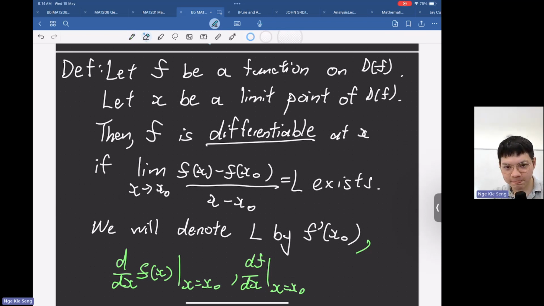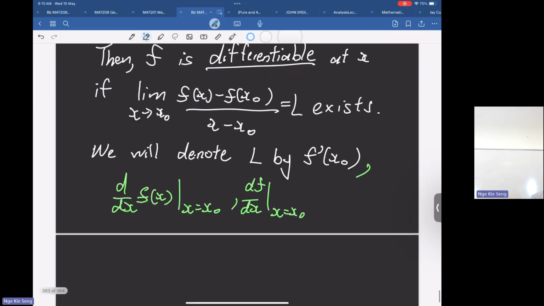And then what do we call this number here? What's the name for f prime? Derivatives, yes.